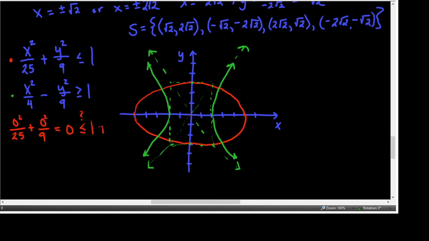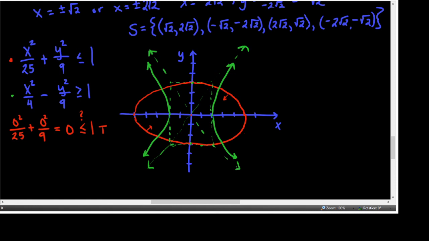Well, that's true, so that means we're going to be shading inside of the ellipse. So I'm going to write a couple little arrows here to indicate that I'm shading inside. I'll erase this in a second, but if it had been outside, I would have done arrows like that. Because we have two things to worry about, you don't want to shade quite yet. You want to wait until you know exactly where you're going to be shading.